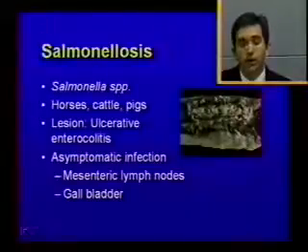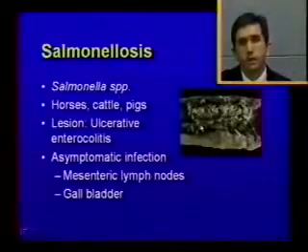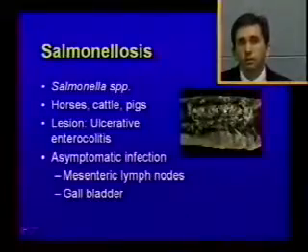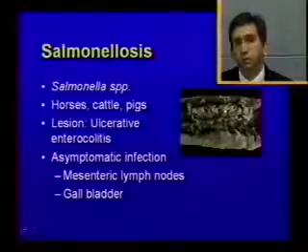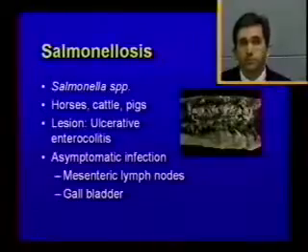I'm circling an area of the small intestine that has been affected by Salmonella. Notice how it appears raised. It is lighter colored than the surrounding area. The reason that it's oval is because it's overlying the lymphoid tissue of the intestine, also known as the Peyer's patch. And this site of the intestine is particularly prone to Salmonella infection.